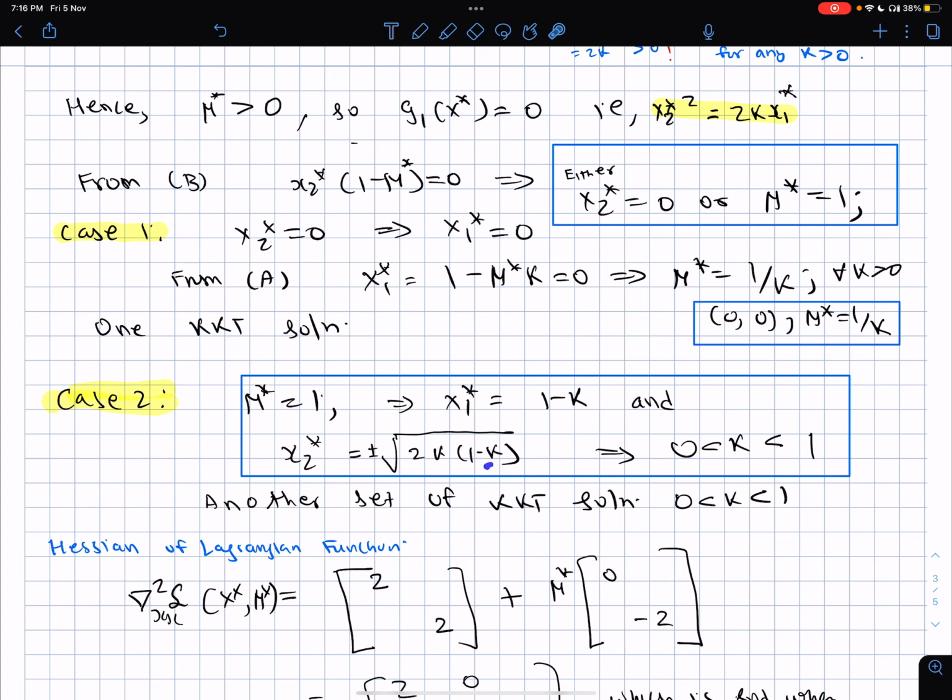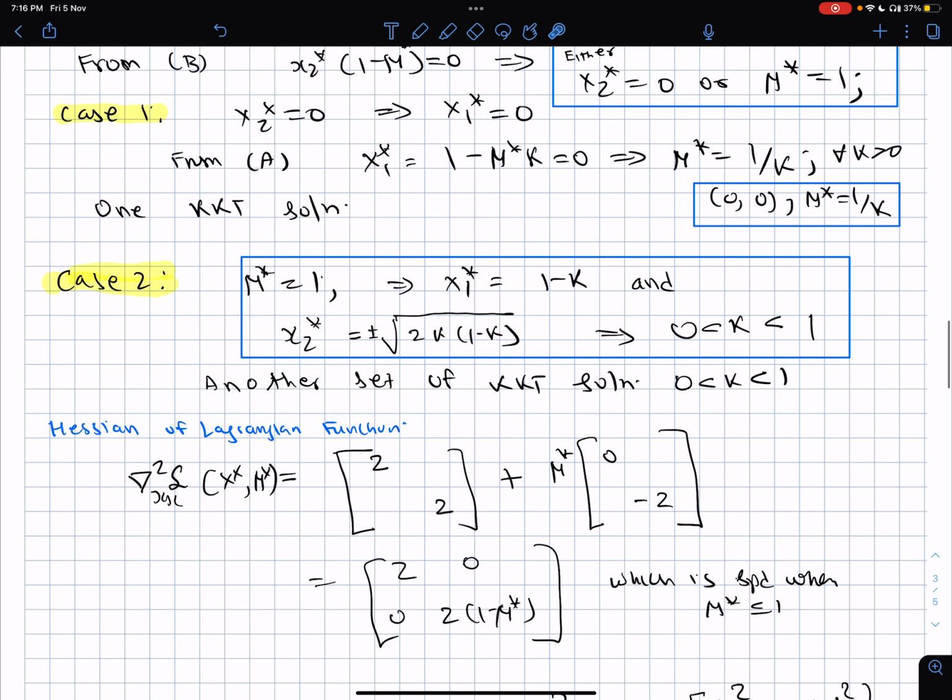If k becomes 1, then what happens? X1 star becomes 0, x2 star becomes 0, and we have already considered that case here. So therefore I am not writing less than or equal to 1; k is anyway defined to be greater than 0, so I am only writing k is between 0 and 1.